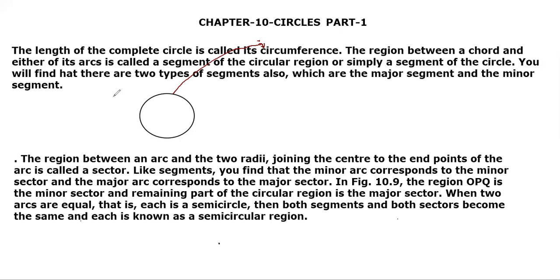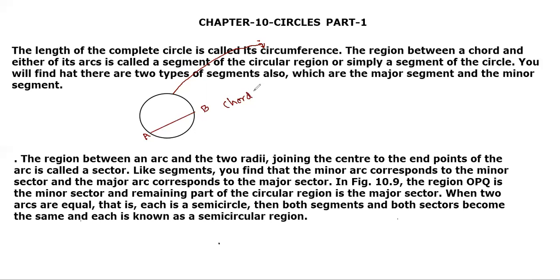The region between a chord and either of its arcs. What is a chord? If you have two points on a circle and you join them, say points A and B, this AB is called a chord of the circle.